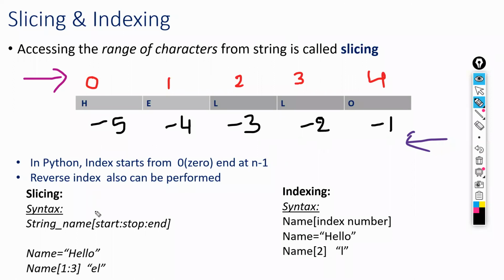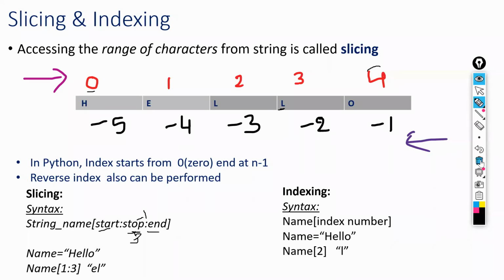Once again, I'm repeating. Start index number, stop minus 1. So for example, if you want to stop at the L, you need to give 4 because it is treated as 4 minus 1, 3. And step.